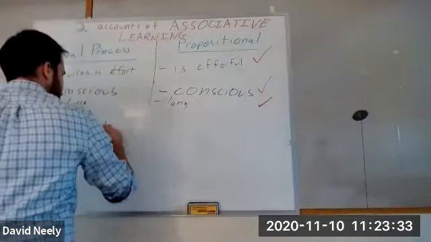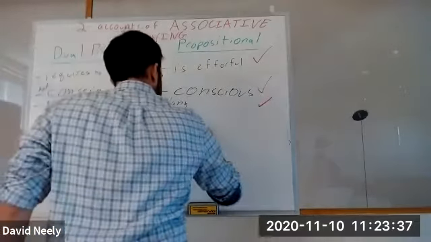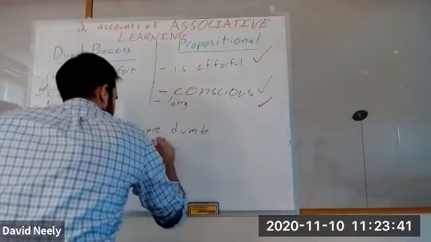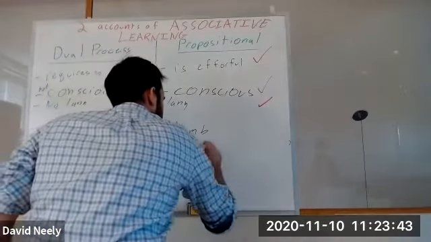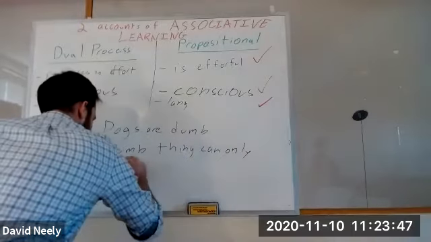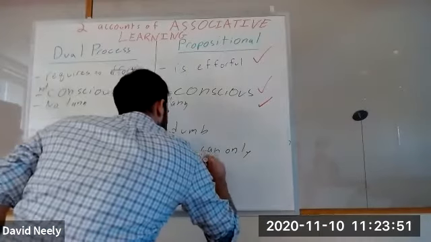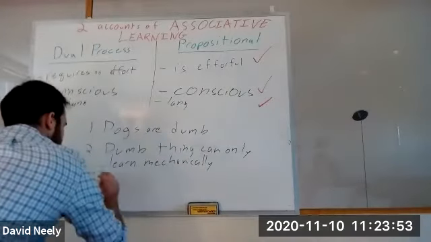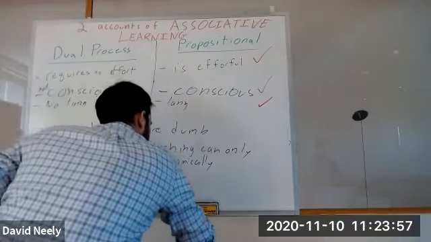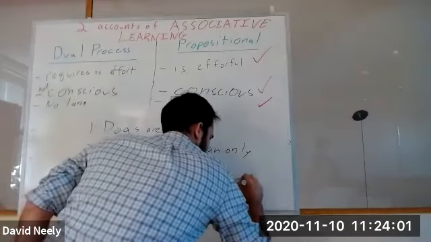1, dogs are dumb. 2, dumb things can only learn mechanically. 3, dogs learn associatively or learn associations.